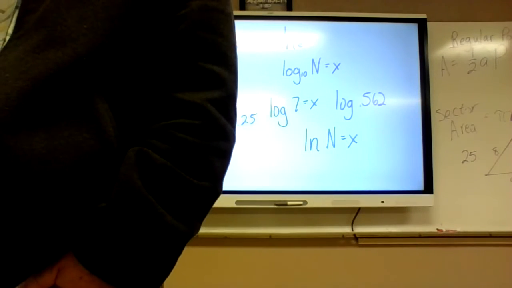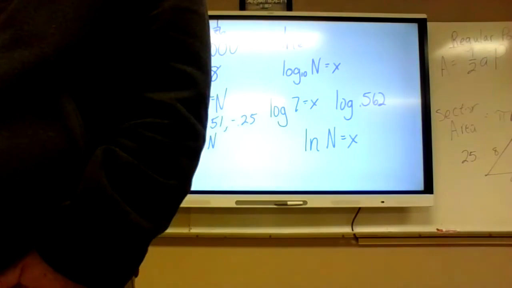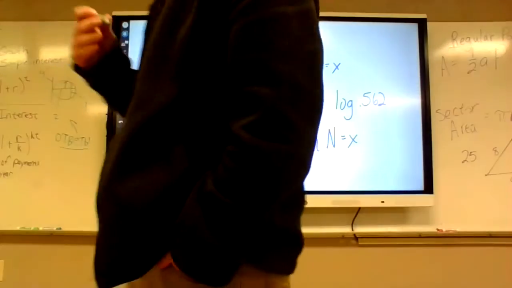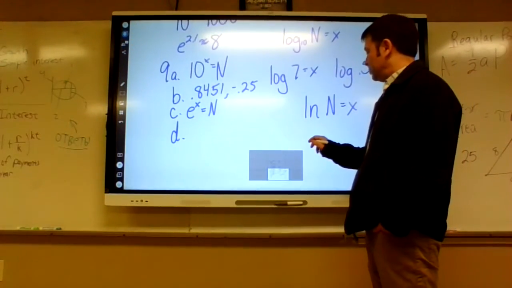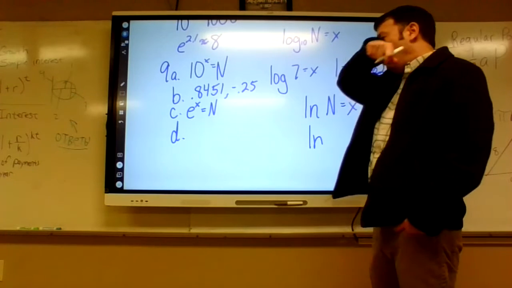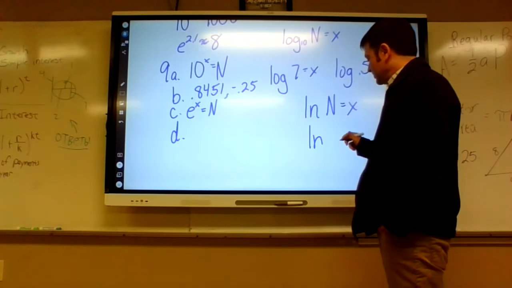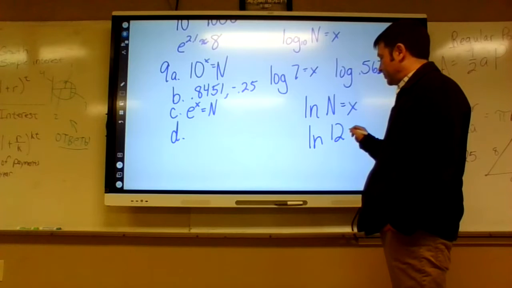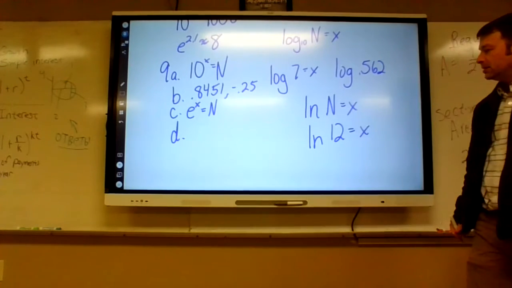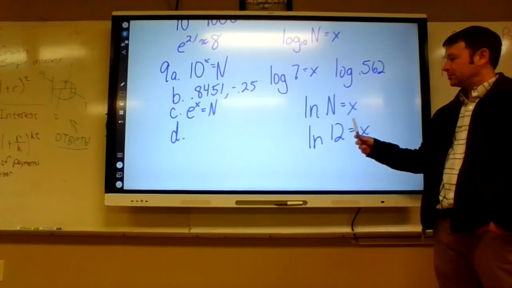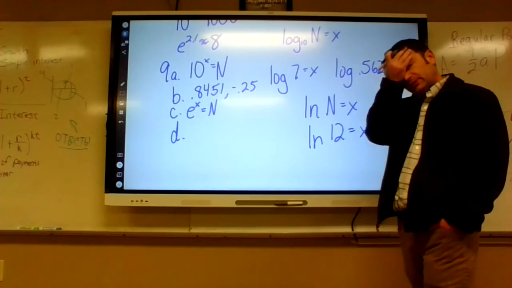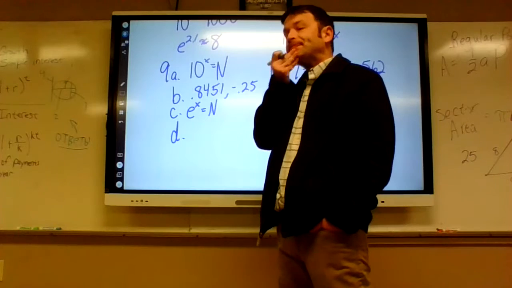D1. Solve D1, yeah. Solve e to the x equals 12. So if the base is e, we're gonna use natural logarithm. e to the natural log of 12, basically. 2.48.